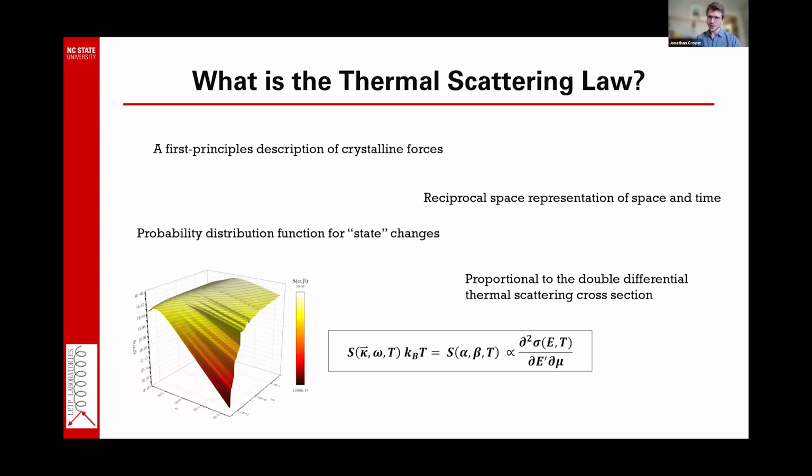And in this work, the most helpful way of thinking about the thermal scattering law is a probability distribution function for state changes available to a particle. But fundamentally, it is a material property, so it's describing what's available. Specifically, it's describing a specific material.